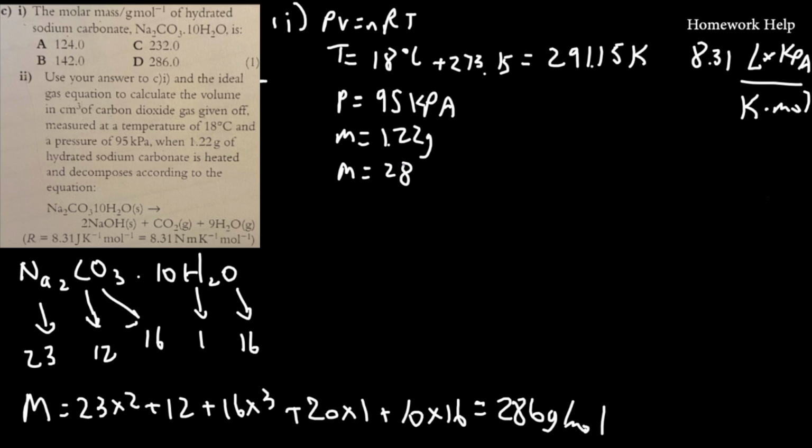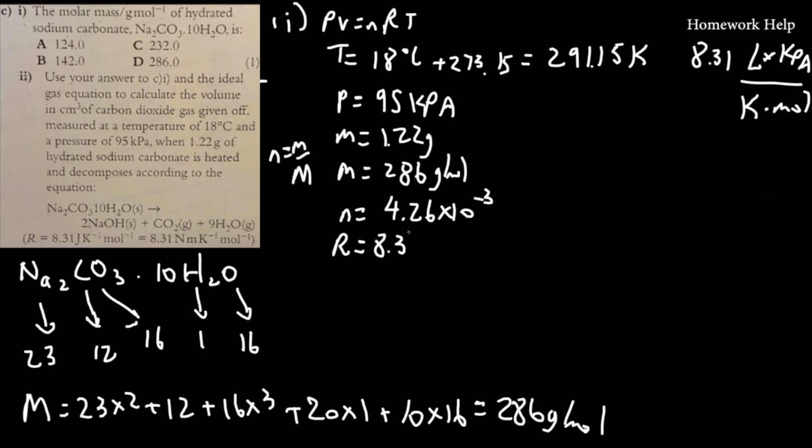Okay, so now we have PV equals nRT. We have P. We need to solve for V. We have n. We have R. R equals 8.31, and we have T. So let's plug it in. So P is 95, V we don't know, and we solve that.